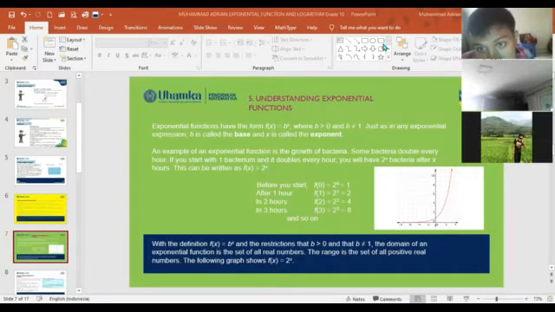Just as in any exponential expression, b is called the base and x is called the exponent.